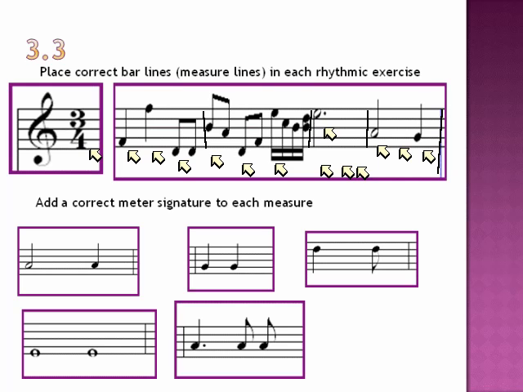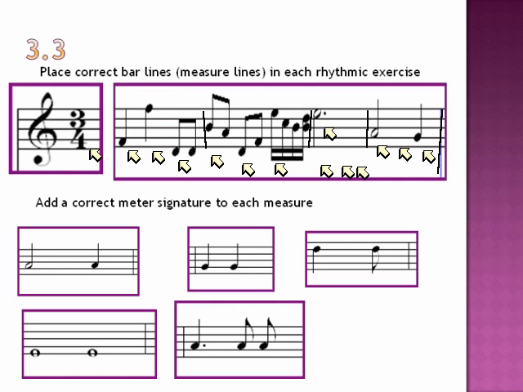Since it doesn't tell us, we have to use our math skills in figuring this out. Now, we don't want to work in halves, so we're going to throw that out right away. No half beats in the meter signature.